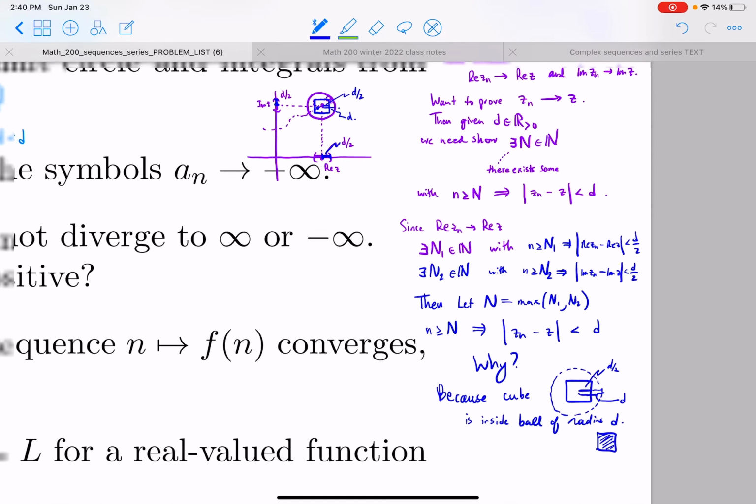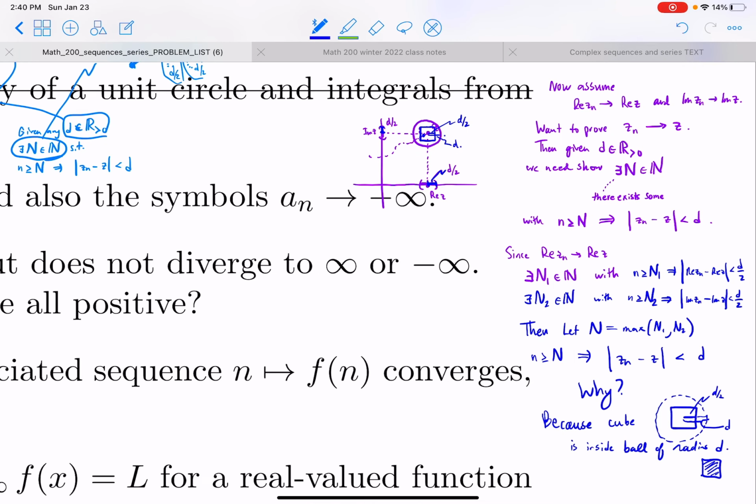Okay, let me let you look at it for a bit. Pause it, maybe. I'm going to talk now, so pause if you don't want to listen to me. The real parts converged and the imaginary parts converged. We assume that.